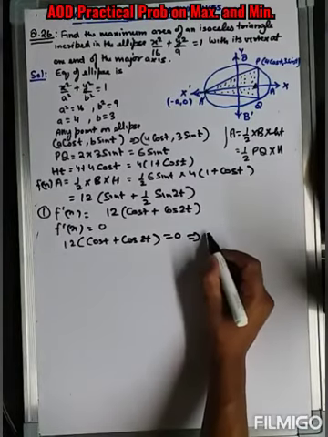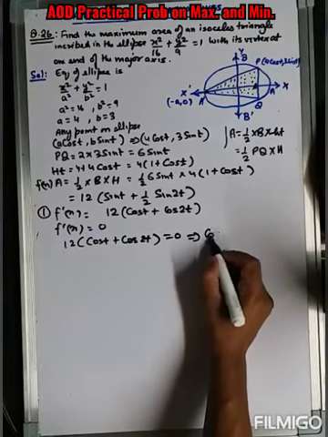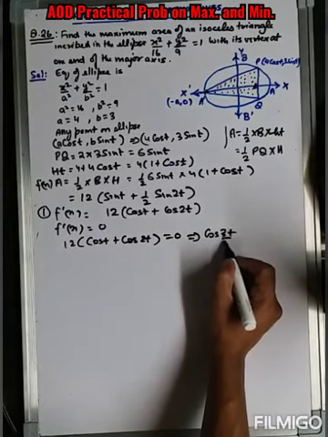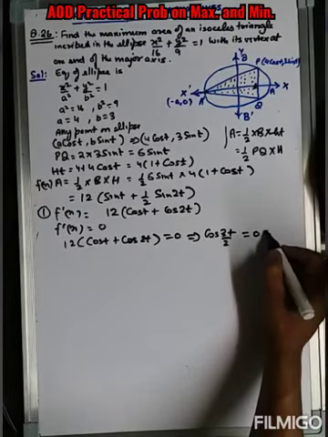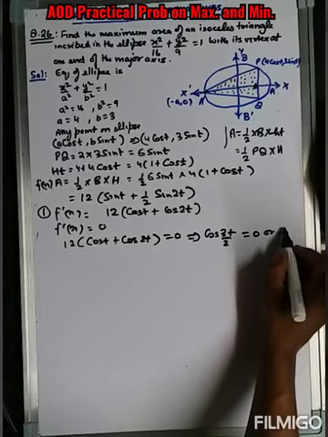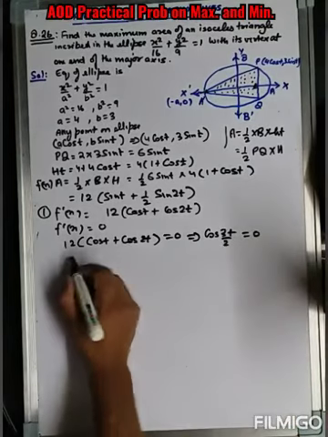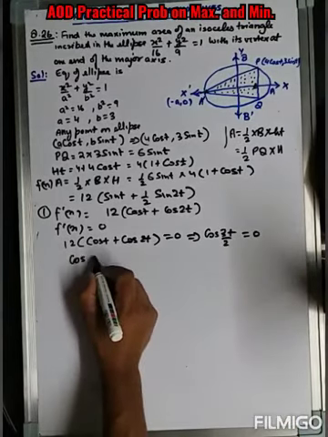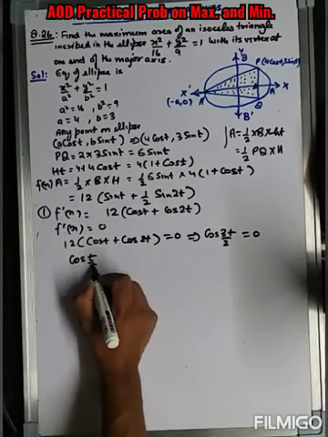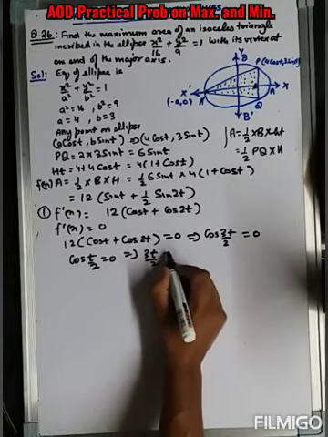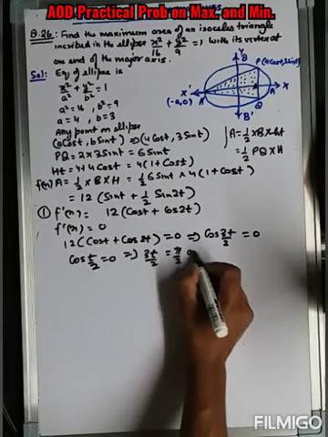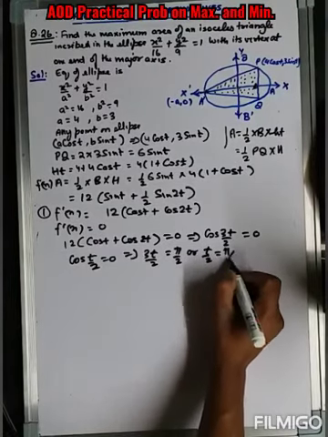This implies, finally, we will be getting cos 3t by 2 equals 0, or cos t by 2 equals 0. This implies 3t by 2 equals pi by 2, or t by 2 equals pi by 2.